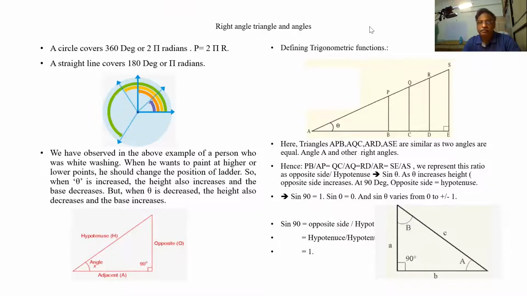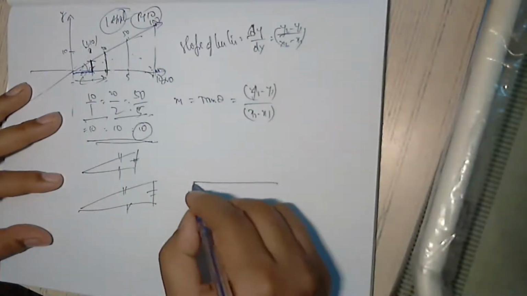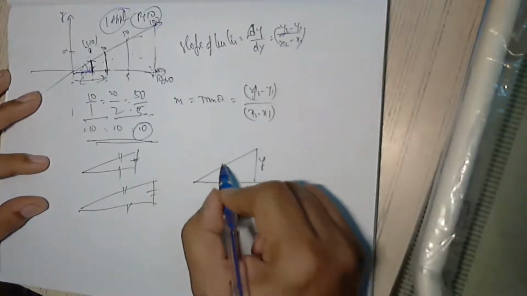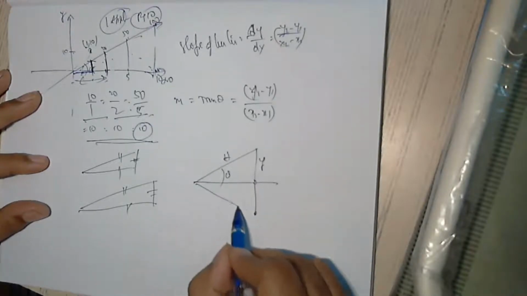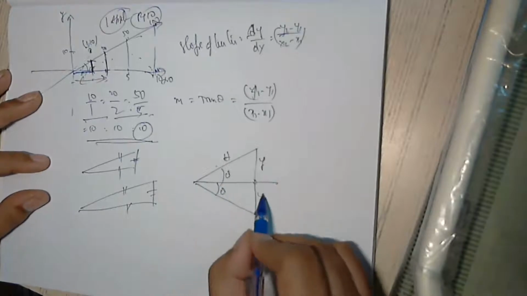Let us see here. This is theta. This is y by hypotenuse. Same y if I bring down and connect, this is also theta, same amount. This is also y.